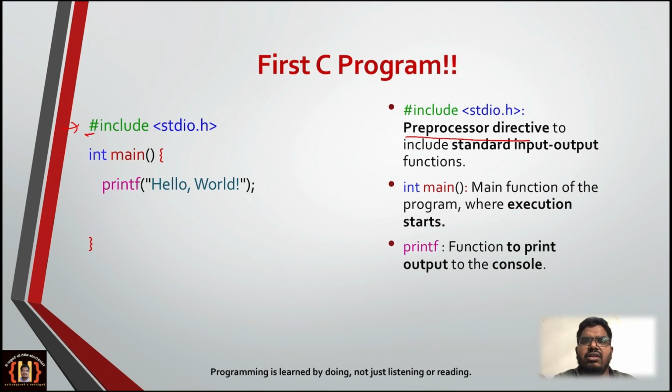So this hash should be there, include should be there, the less than symbol should be there, the greater than symbol should be there, and this file name, we call it a header file. stdio.h means standard input output header file, and this brings all the input output functions present to the main program, this complete current program, the program we are writing now. So whatever built-in input output functions are there in C, those functions are brought here.